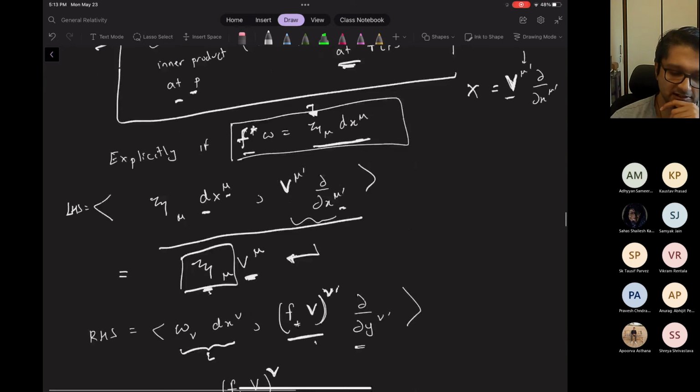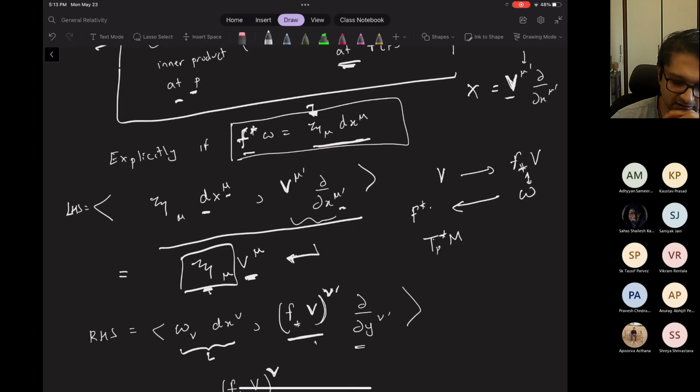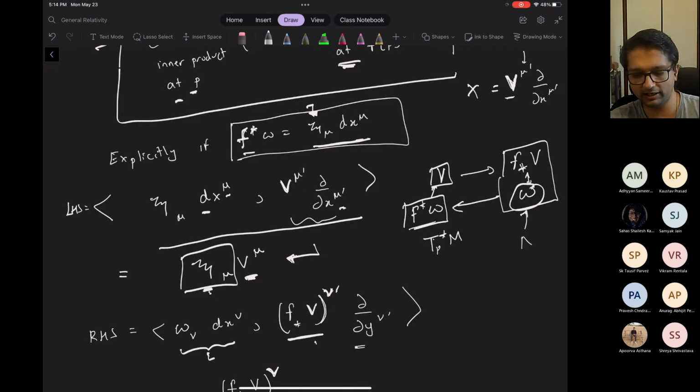Given a V and a push forward, I take a dual vector omega which has some particular inner product with this, and I correspondingly ask for the dual vector in this tangent space such that this gives me the same inner product with this V. I demand that this is true for any V. So given an arbitrary dual vector on N at the point f of p, it gives me a dual vector at the point p in M. Vectors get pushed forward, dual vectors get pushed back.